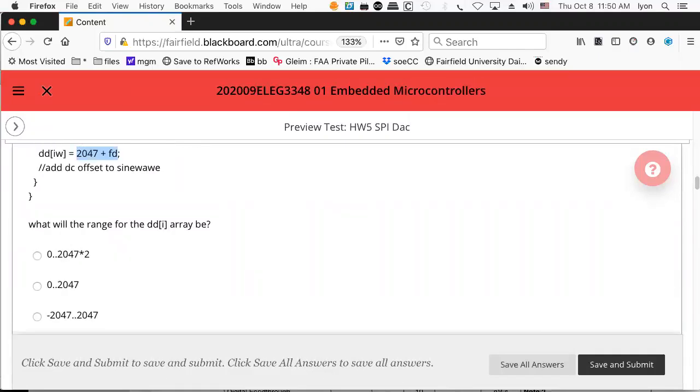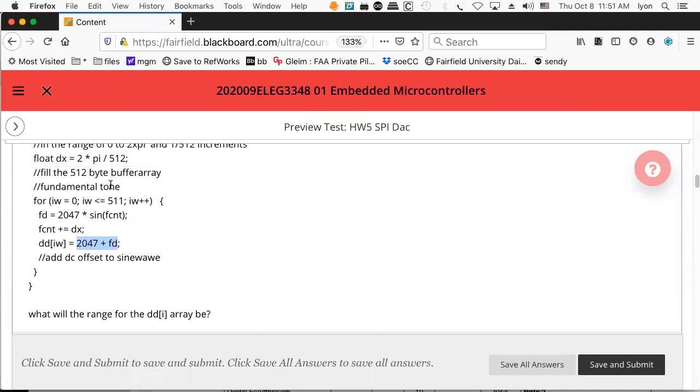That's how I read it. That was question number 9. I'll check my answer key just to be sure. Bear with me just a minute. Yep, I was correct. That's 0 through 2047 times 2.